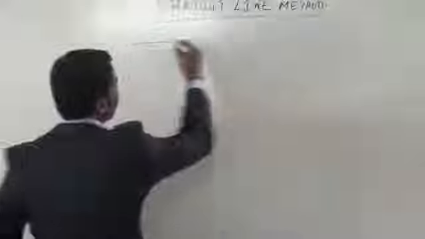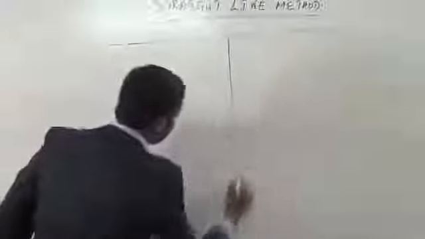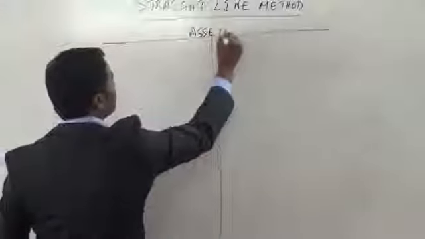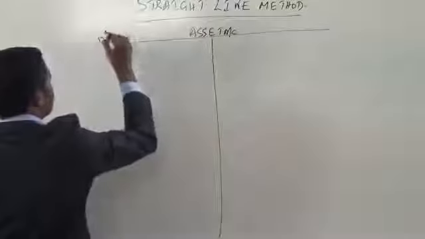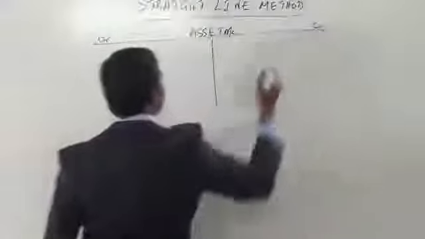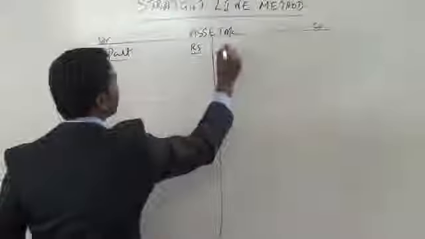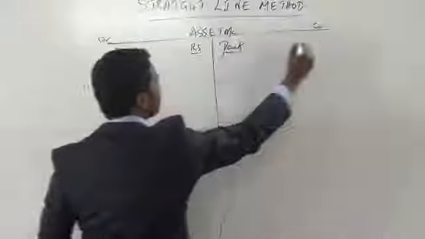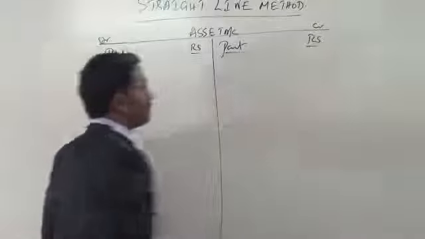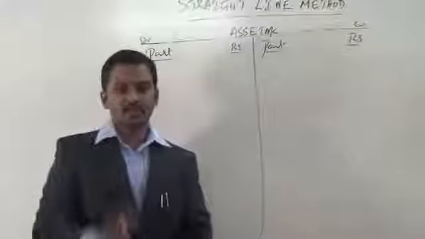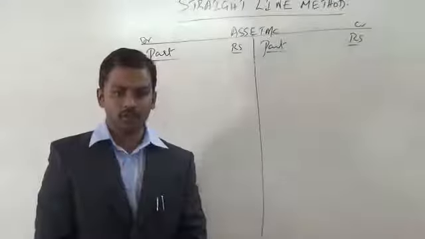I will prepare the asset account for you. This is the asset account, debit, credit, particulars, rupees, particulars, rupees. Now, when was the machinery purchased? The asset was purchased on 1st January 2012.